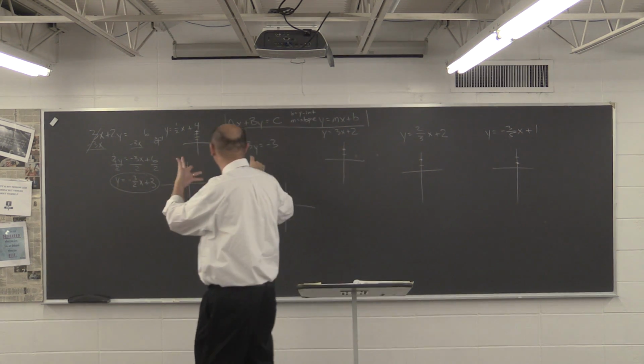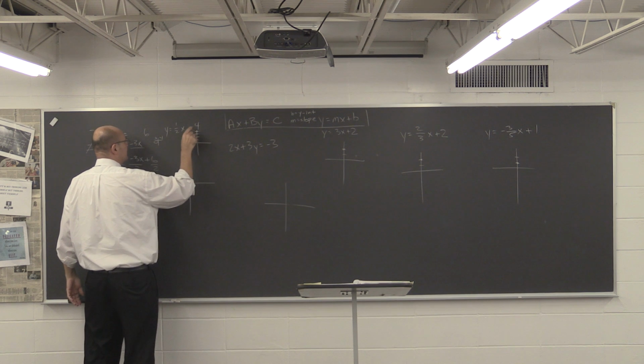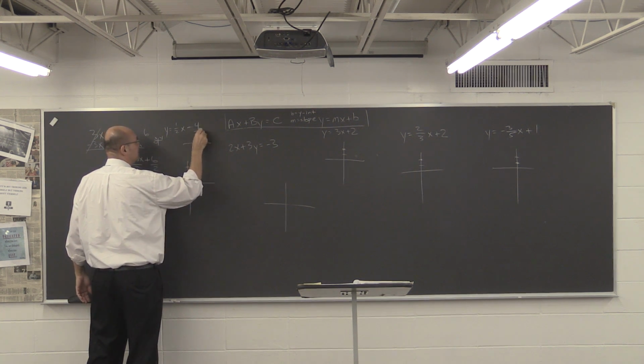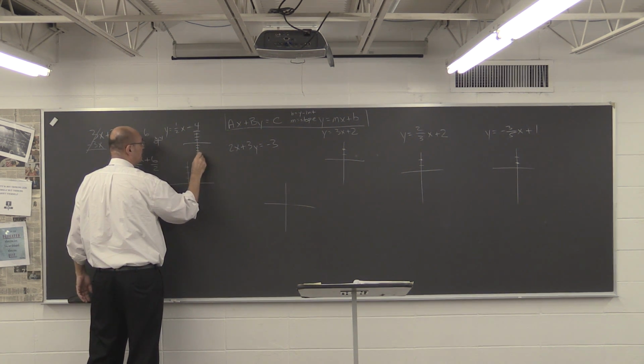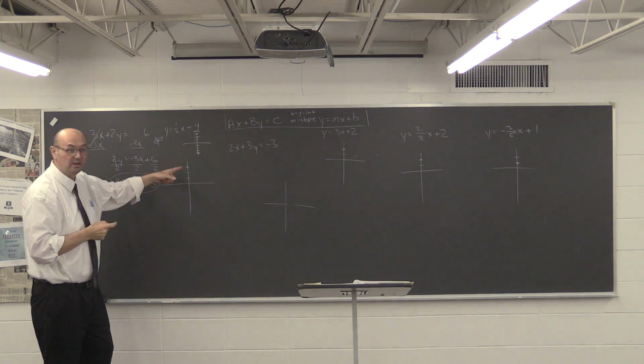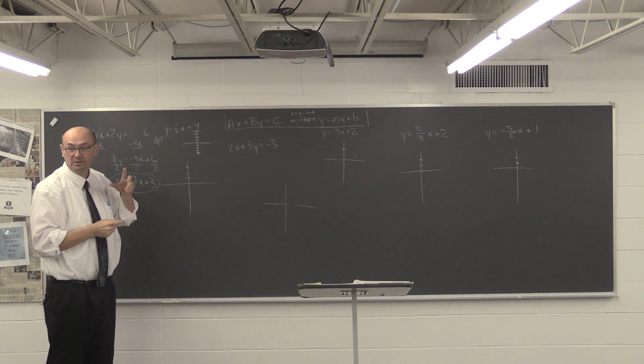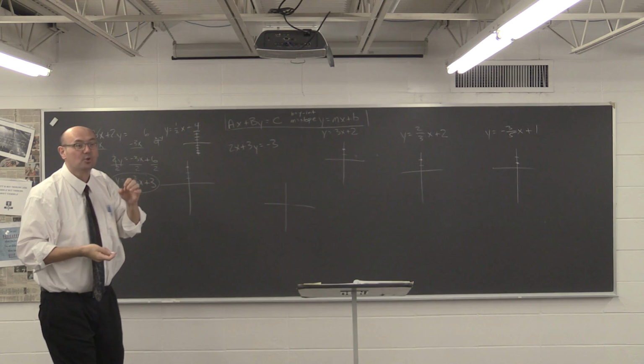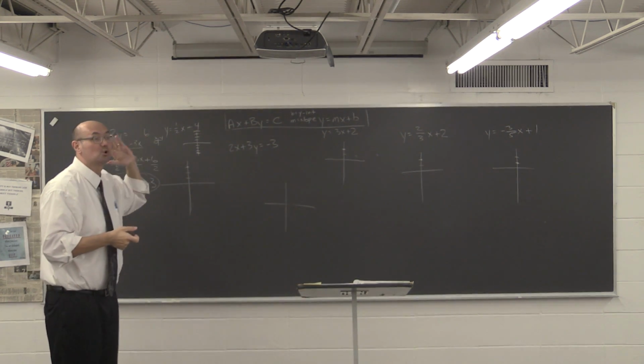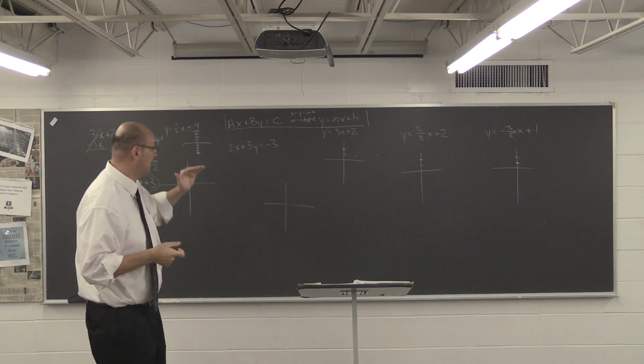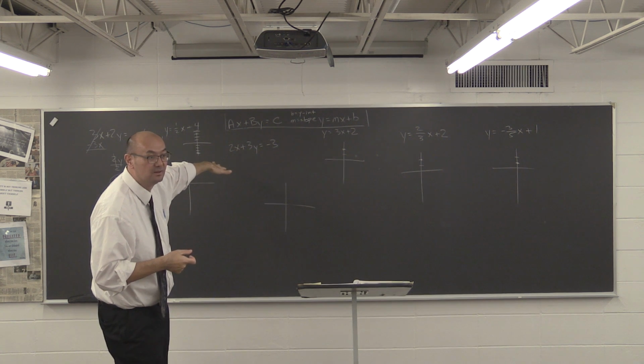Let's do this one too. 1, 2, 3, 4. Now, I don't have 1. Let's just make this a negative, just for the fun of it. 1, 2, 3, 4. That means that's negative, right? Y would be negative. Are we good there? That means that the line is going to cross the Y-axis at all of those dots.